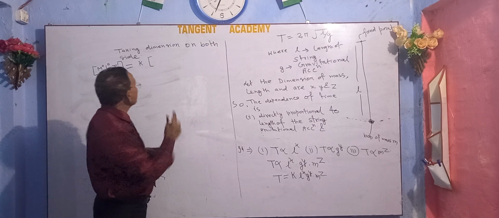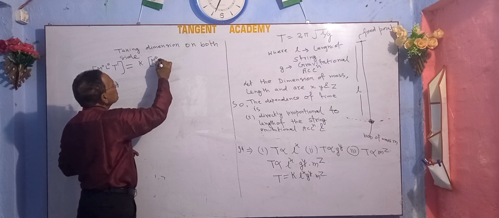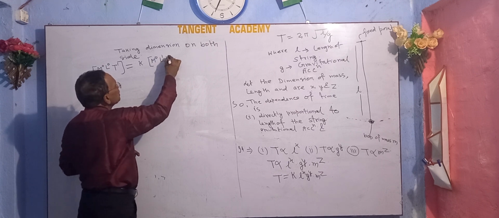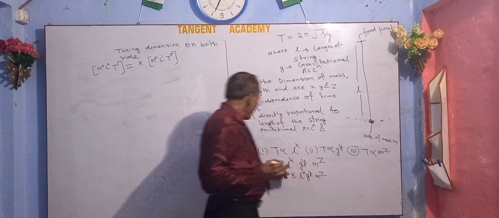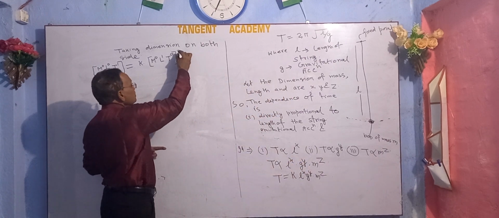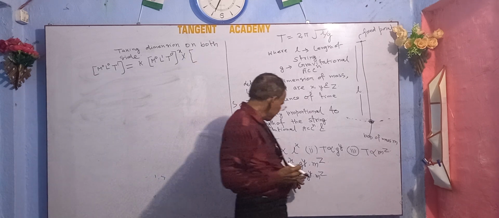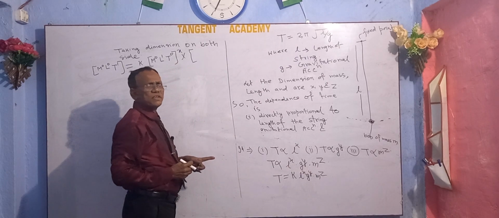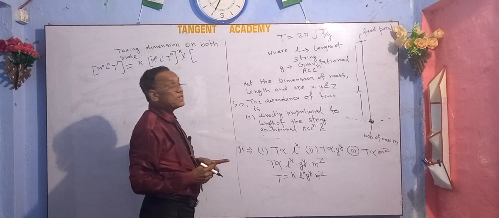Length has 0 dimension in mass, 1 dimension in length and 0 dimension in time, and length has power x, into g. G means acceleration, meter per second square, LT minus 2.